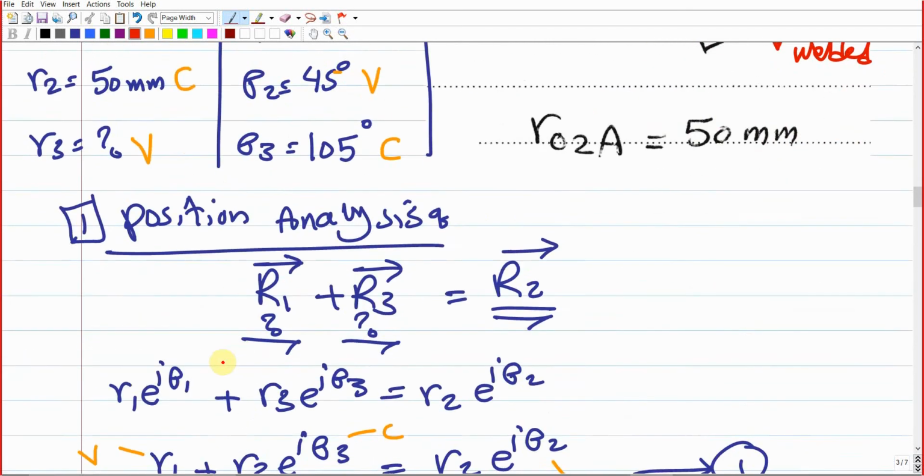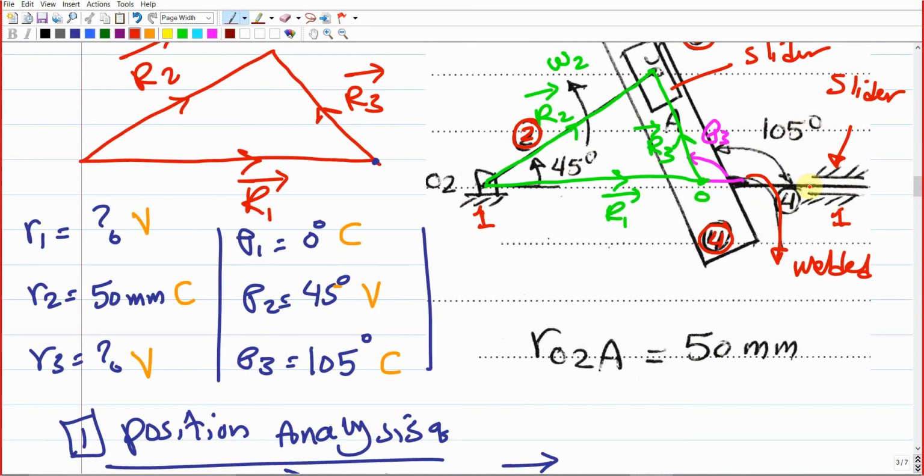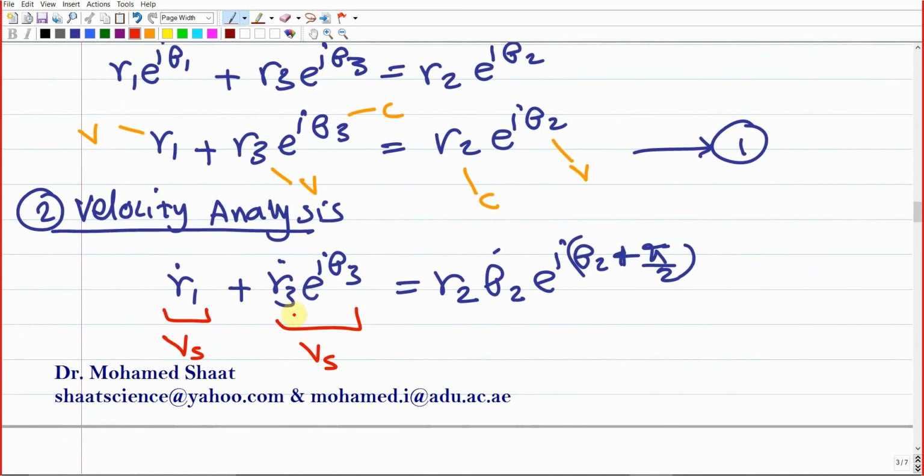So for example, R1 dot, it should be the sliding velocity of this slider 4. But R3 dot, it should be the sliding velocity of the slider C or A of this slider. Make sense? So that's why we would have 2 sliding velocities here. But they are different. This is for slider 4, but this is for slider A.